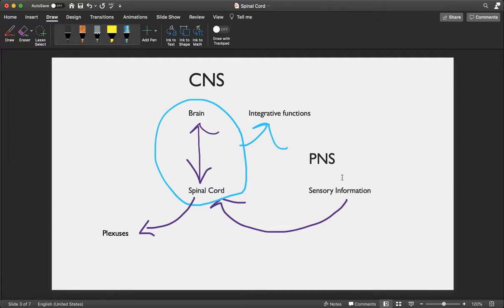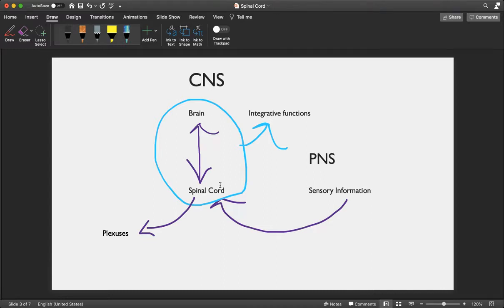Okay, so in all other circumstances, we have sensory signals and it gets passed from those spinal plexus to the spinal nerves to the spinal cord, okay? And then it goes up into the brain where we have those integrative functions, those interneurons processing all the information. Now, the spinal cord can sometimes actually process the information without the brain.